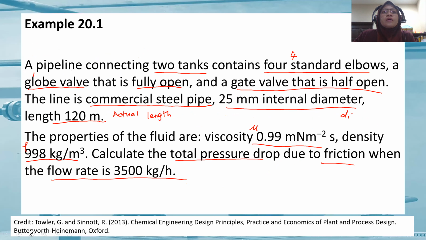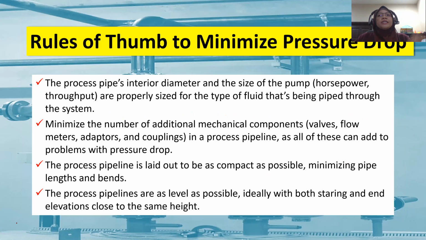Before I end this video, I would like to share these rules of thumb to minimize pressure drop. These rules of thumb are from the Central State Industrial website. They list things that process engineers should do to minimize pressure drop, by ensuring the process pipe's interior diameter and the size of the pump are properly sized for the type of fluid being piped through the system.